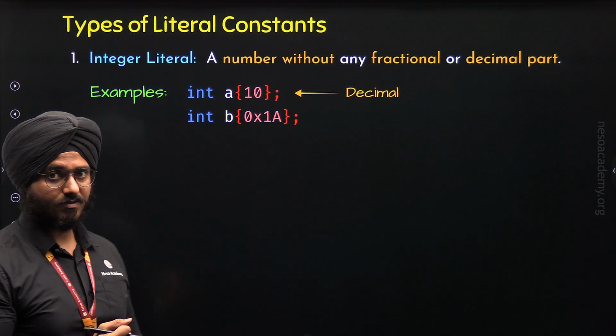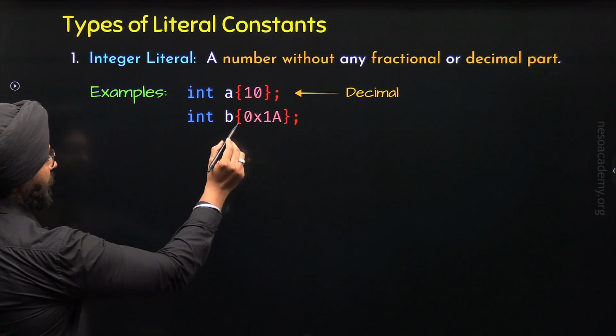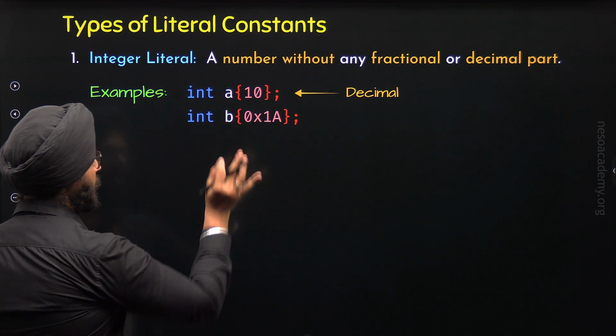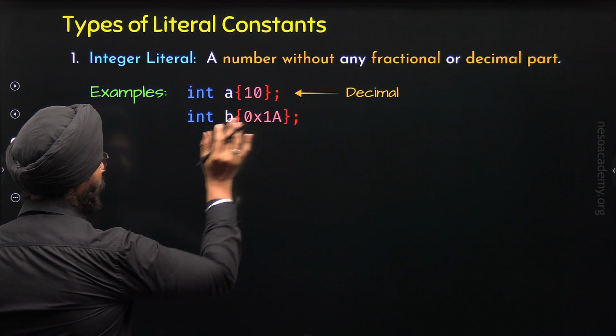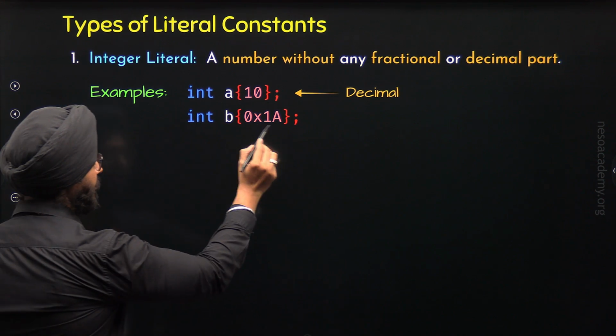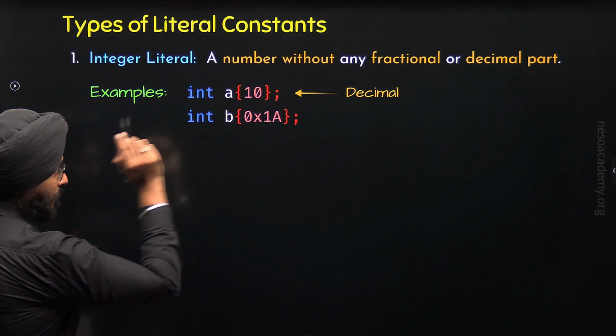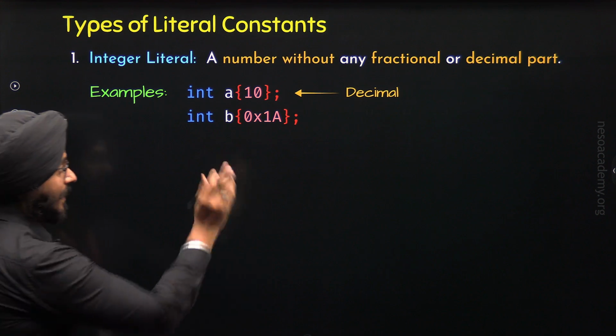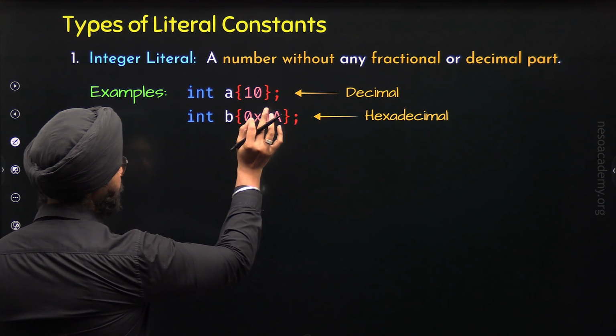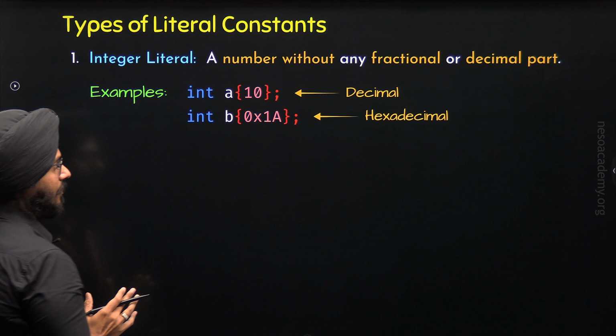This is the hexadecimal integer literal. Why am I saying this? Here we have this prefix 0x. We need to specify this prefix 0x to indicate that this is a hexadecimal number. So clearly through hexadecimal notation, I have represented this integer literal.